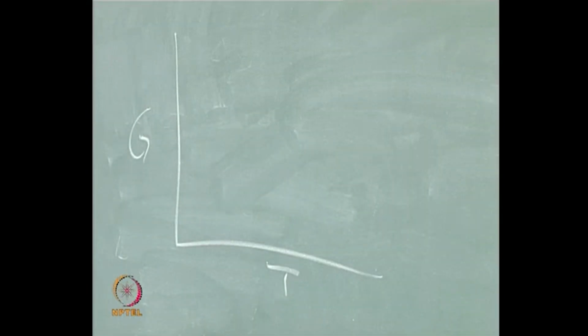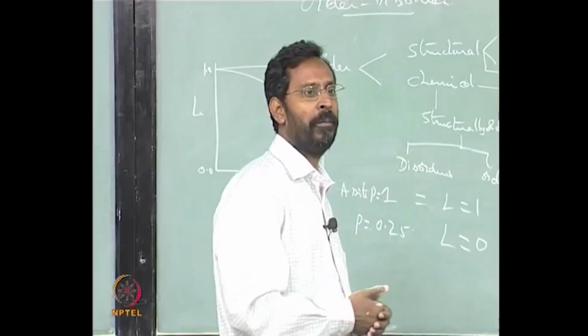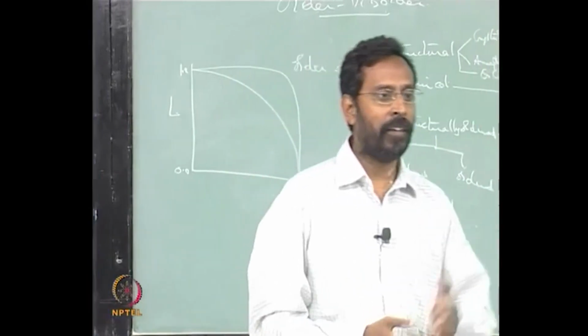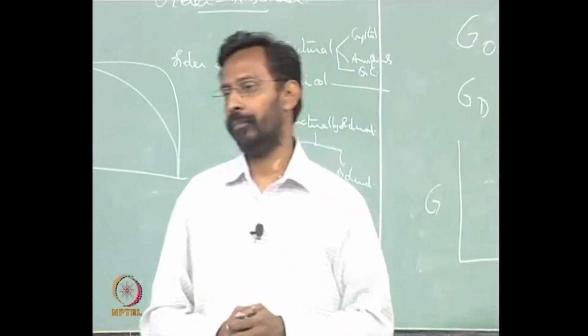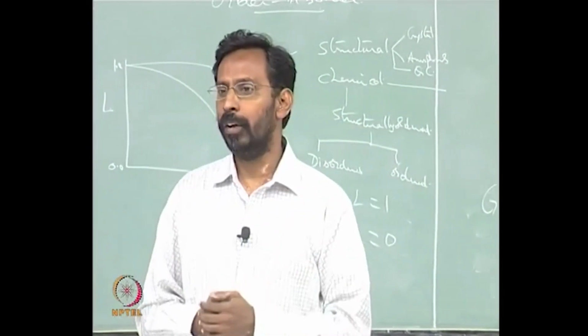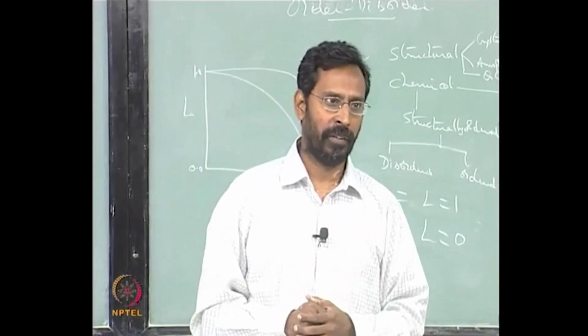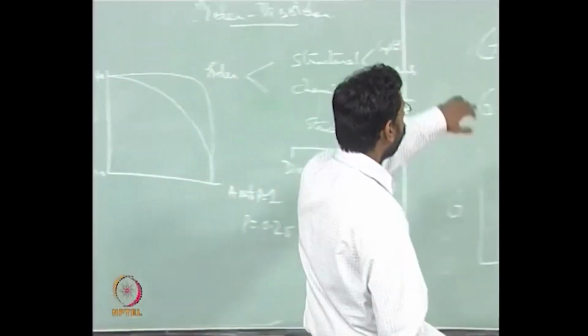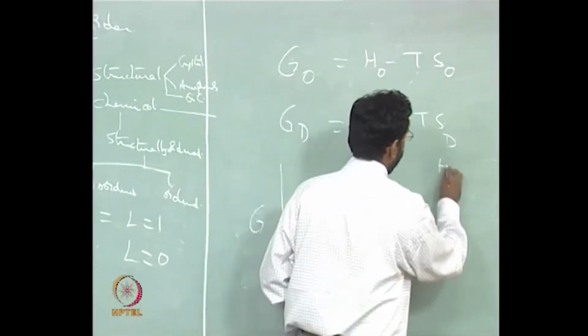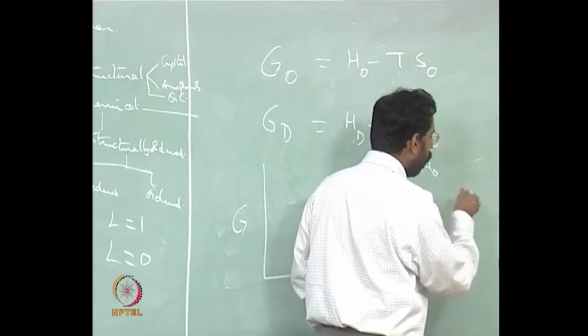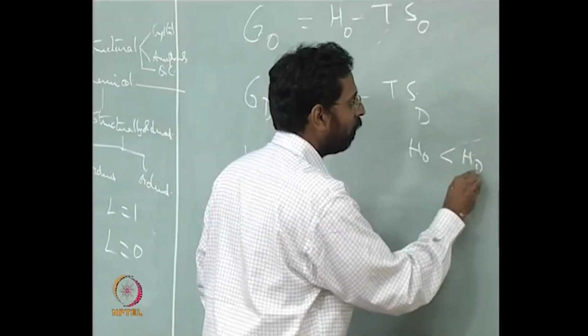Whenever we talk of an ordered structure A and B, when do you get an ordered structure? When omega is negative. Whenever there is a strong attraction between A and B, you get an ordered structure. And so that means H of the ordered structure is always more negative than the H of the disordered structure.